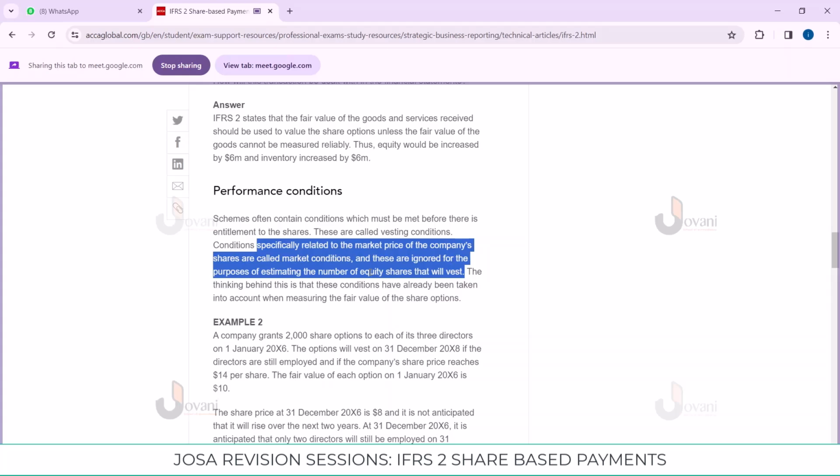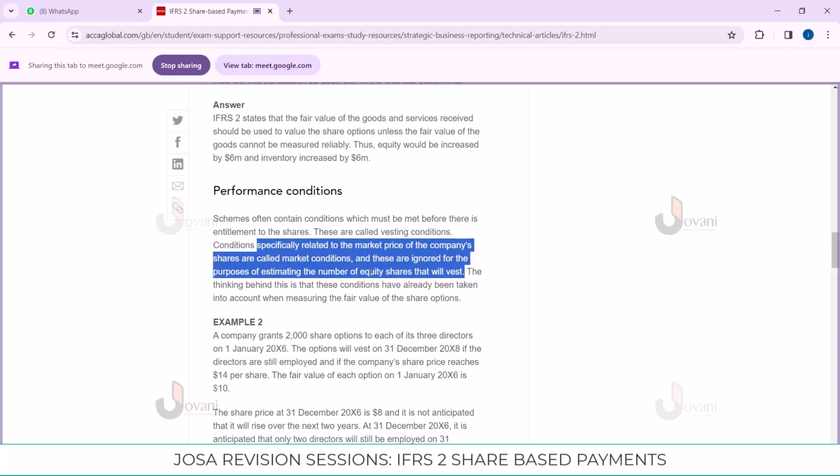Even in your exam, if it comes, you must talk about this. That IFRS 2 requires that all market conditions should be ignored when estimating the number of equity shares that will vest.